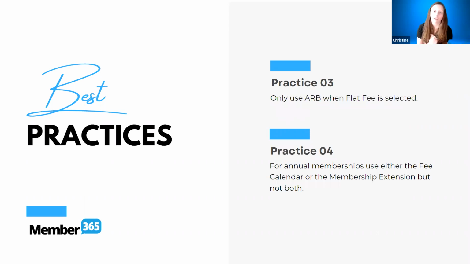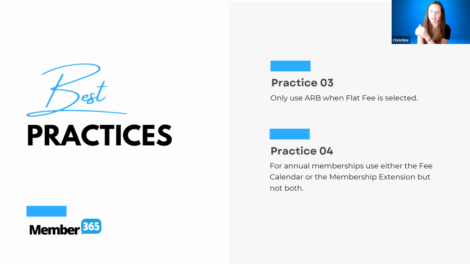Also use ARB if you have a flat fee. You can't use ARB if you have anything other than a flat fee, because they have to then select the different criteria during the renewal process or the approval process. So just make sure that you only have ARB enabled for flat fee, which we had on this category.